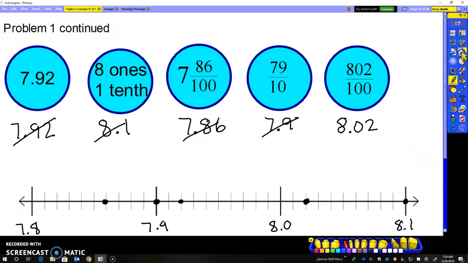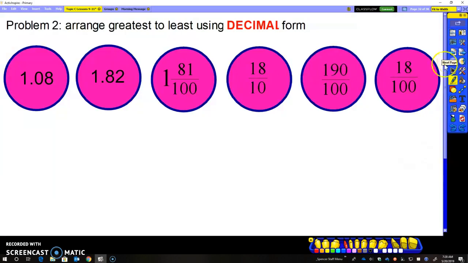The next one I want to show you is another type of example. This time we're going to arrange them from greatest to least, and it wants you to turn all of them into decimals. So I would do that step first. Why don't you go ahead and pause, change all these to decimals, and then I'll go from there.